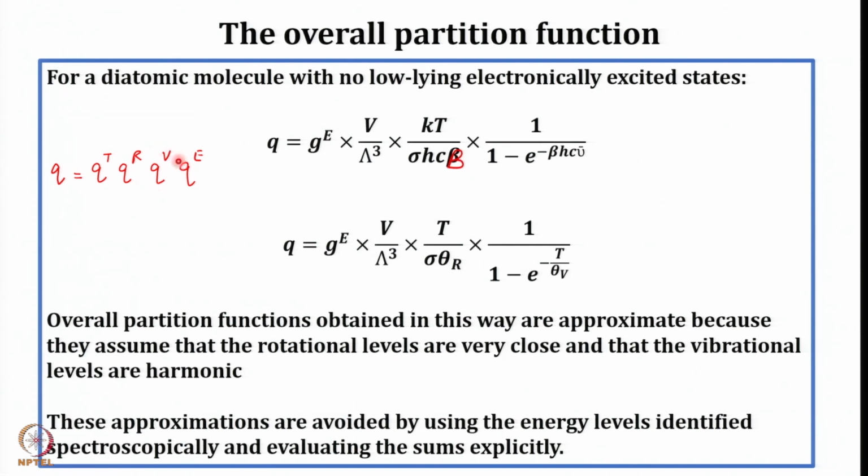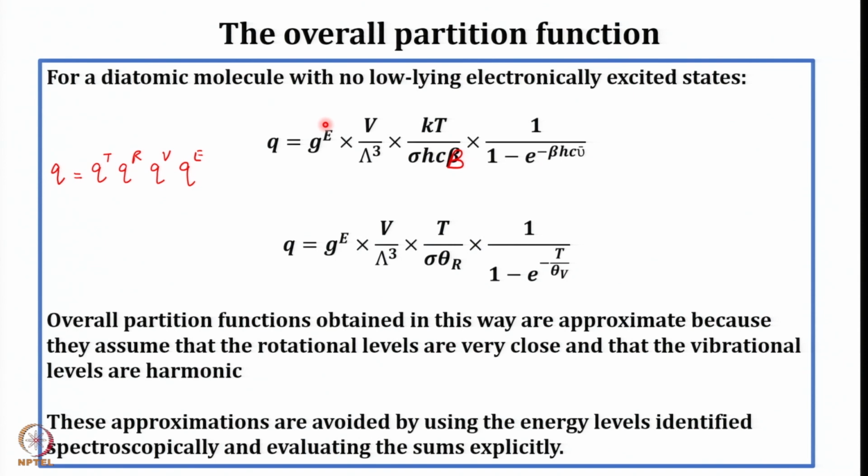The vibrational contribution will be given by 1 divided by 1 minus exponential minus beta hc nu bar. Here again, each term has its own meaning. Beta is 1 over kT, h is Planck's constant, and this nu bar is the wave number where that particular vibration takes place. Finally, this electronic contribution, usually it is equal to degeneracy of the ground state.